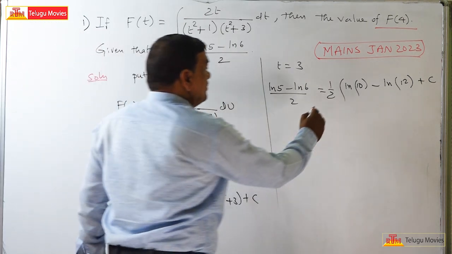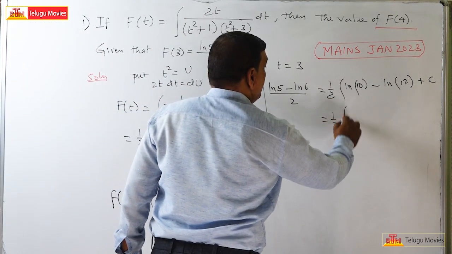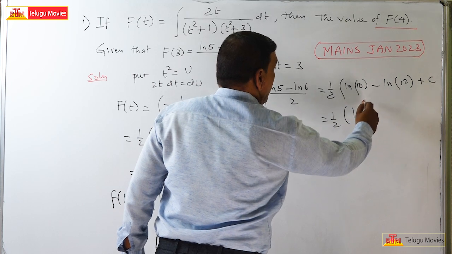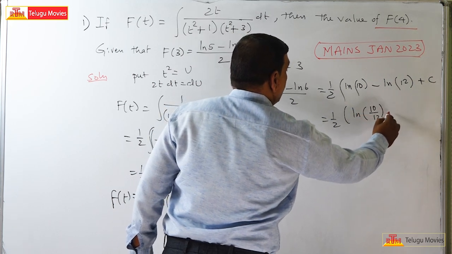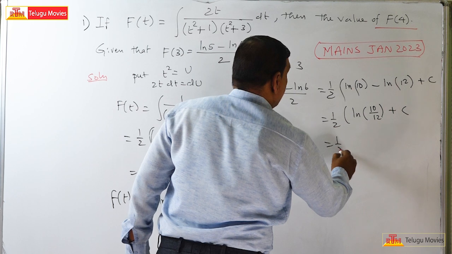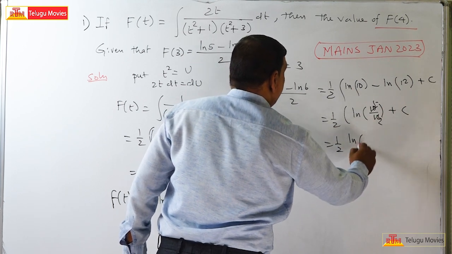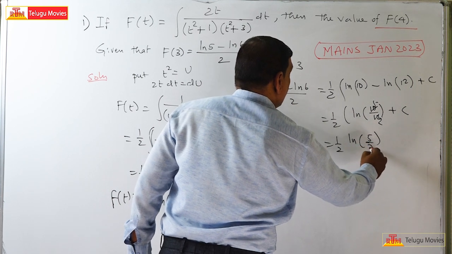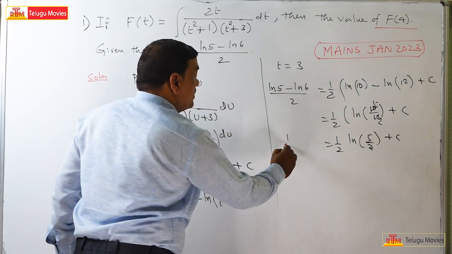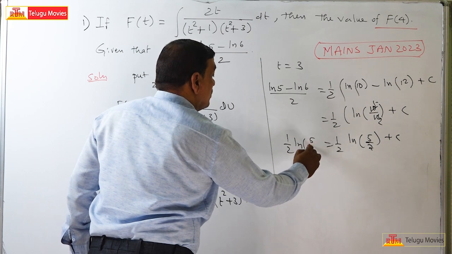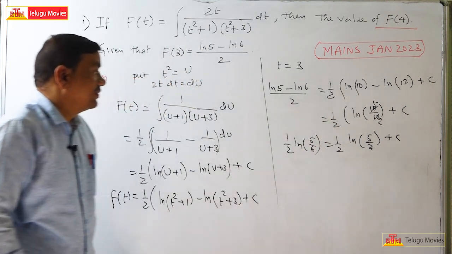So this is equal to 1 by 2 into ln of 10 by 12 plus c. This is 1 by 2 ln of 5 by 6 plus c. And the left side is also 1 by 2 ln of 5 by 6.